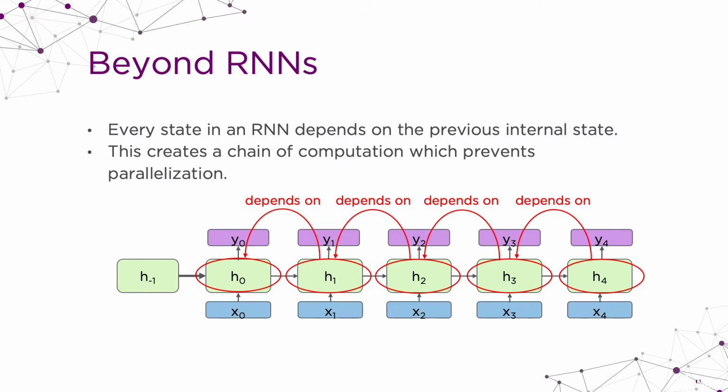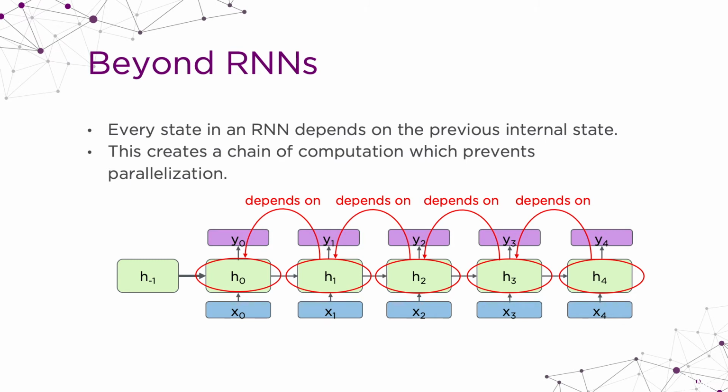In order to compute H4, I need to know H3. And in order to compute H3, I need to know H2, and so on. So you see that we have an order here on the computation. I have to start with the first, H0. Only when I am done with this computation can I start with H1, and only when I am done can I go to H2, and so on. So you see there is a temporal order here.